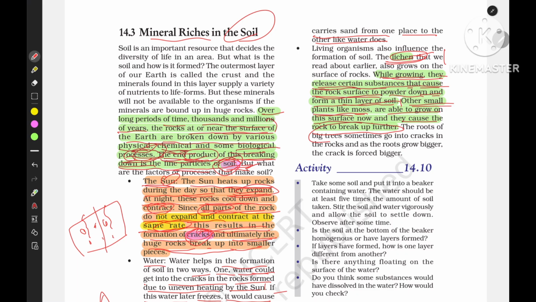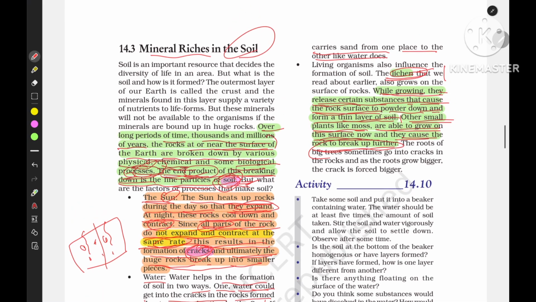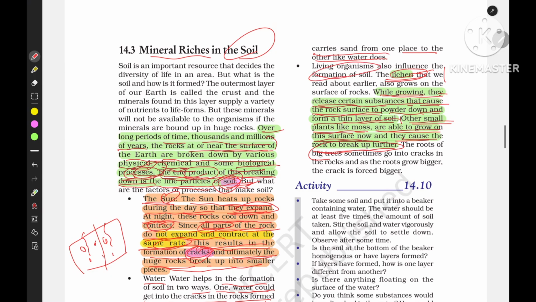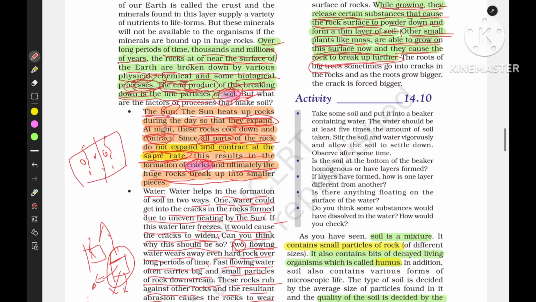Then small plants like mosses are able to grow on the surface, and they cause the rock to break up further. So by this example, lichens and other simpler species also help in converting rocks into soil.